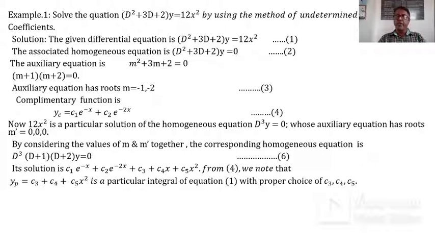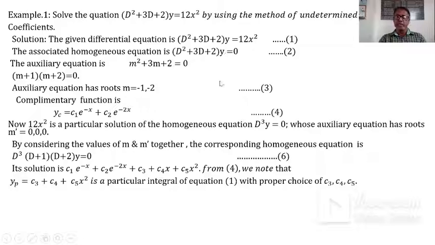Particular integral does not contain the arbitrary constant. Therefore, here we want to find the numerical values of C3, C4, C5, and for that purpose this yp satisfies differential equation 1. Using this concept, we are able to find the proper values of C3, C4 and C5.